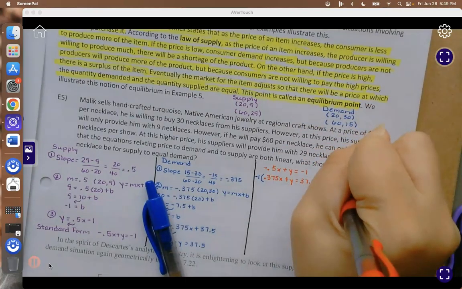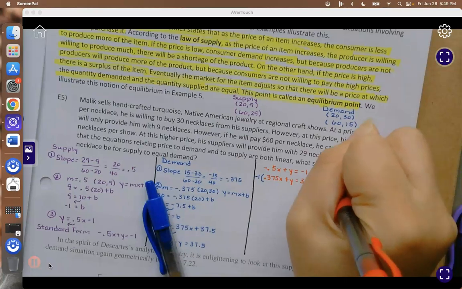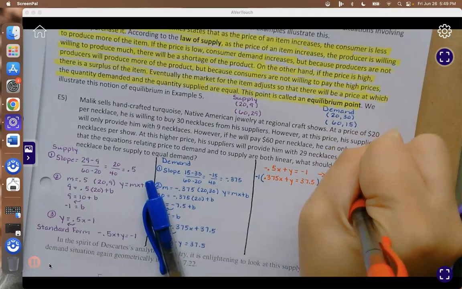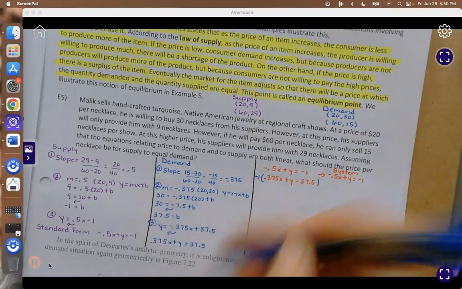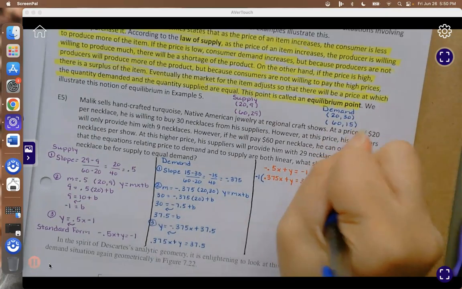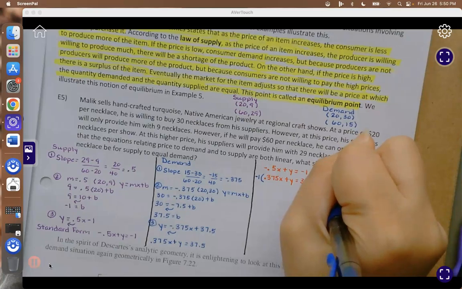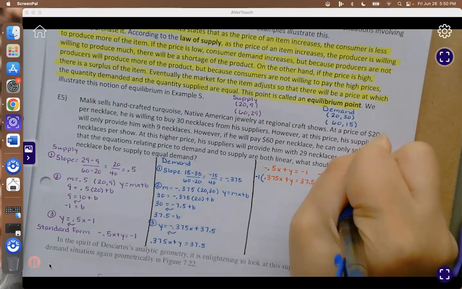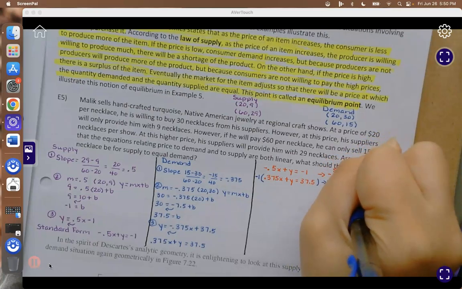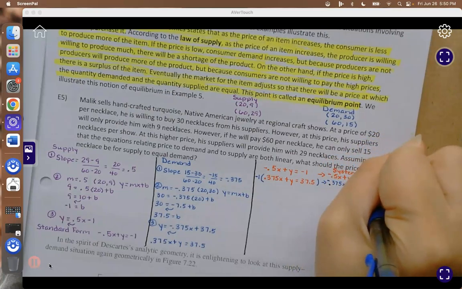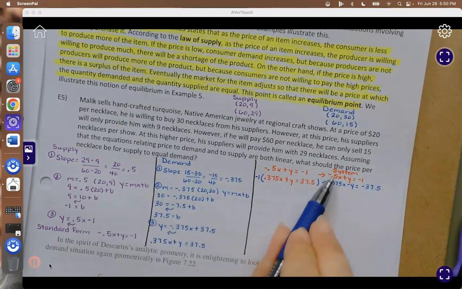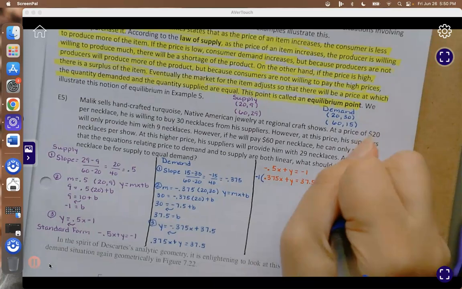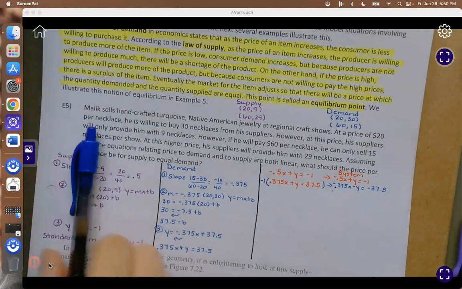And if you want to put a 1 there to show that you did something, you can do that. That's -0.375x minus y equals -37.5.